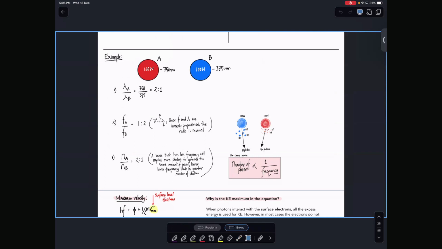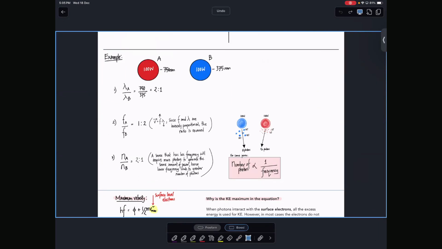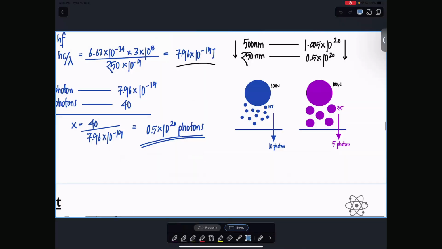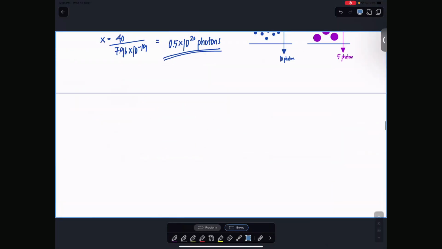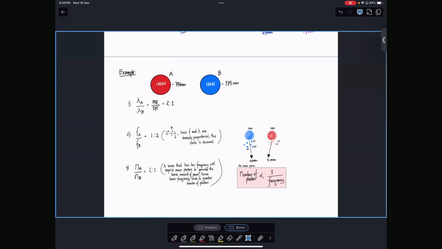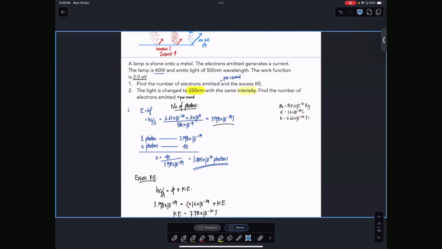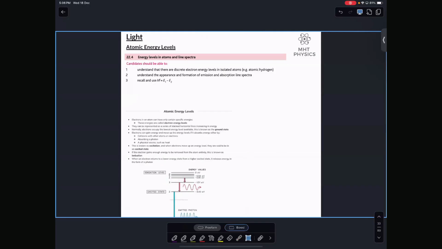So yeah, this is something that the syllabus is going to mention, but shows up in your paper quite often. Clear? Okay, so I'll give you 5 minutes break and then we'll start the next topic, energy levels.